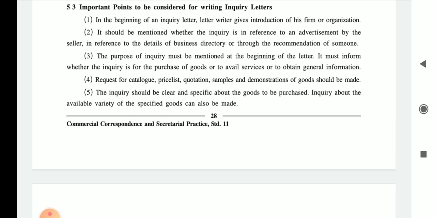That is known as the catalog. Next is the price list. Whenever the seller prepares a list of many products and their prices, that is known as the price list. Next is the quotation. You are much aware of this word. Quotation means the prospective price of a particular product, that is known as the quotation.